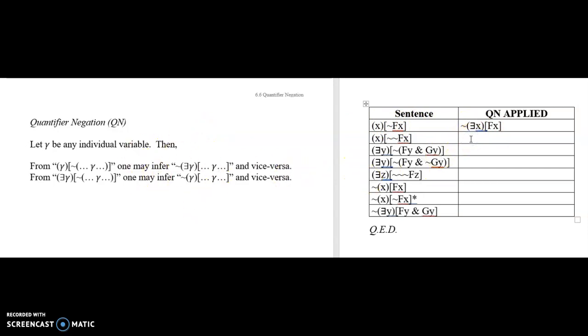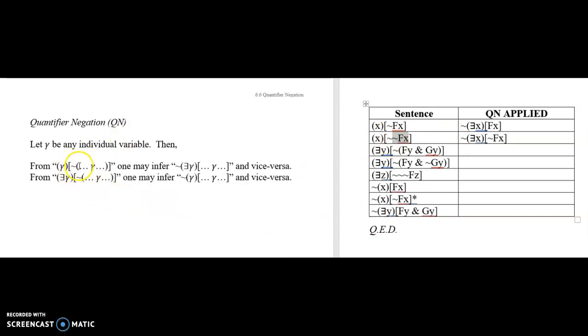Okay? Go ahead, pause now, and try this one. All right, hopefully you're able to do it, but in this case, what I want you to do is think about this right here, including that negation there, as the dot, dot, dot, okay?